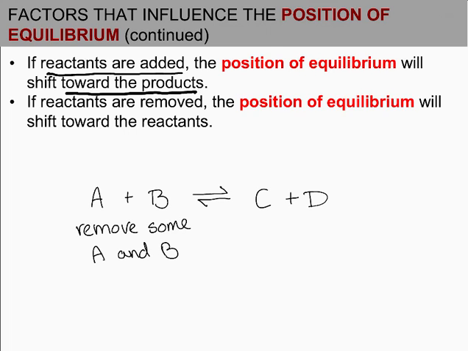That means that the equilibrium has been disrupted. Now, reactions want to always get back to equilibrium. So they're always trying to find that happy spot where the rates of the forward and the reverse reactions are the same. They're also trying to maintain this value of K where the concentration of products over reactants is a constant.